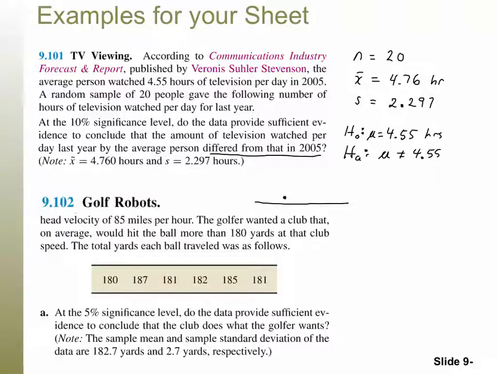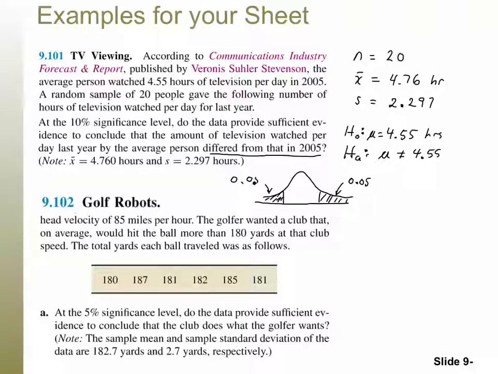A two-tailed test for the 10% significance level means what for each side? That means 0.05 on either side.